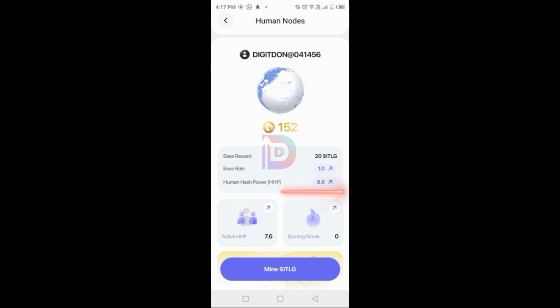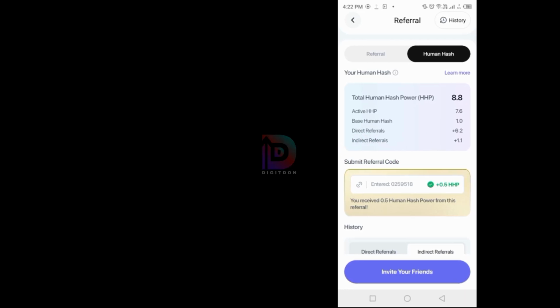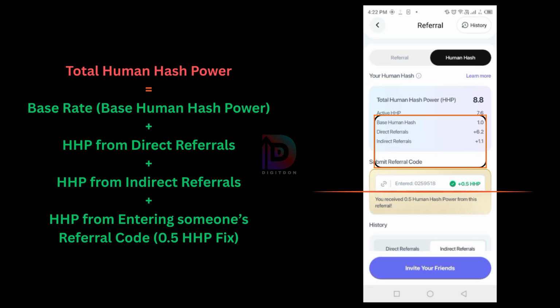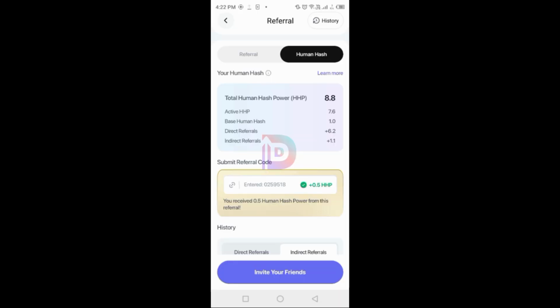The total human hash power, HHP, is calculated by combining your base rate, the initial HHP given to every new linker, the HHP earned from direct referrals, the HHP earned from indirect referrals, and the HHP gained through the referral code you entered at the time of registration. Didn't you understand it yet? Let me clarify. InterLink grants each new linker 1 HHP as a base rate immediately after registration by default.